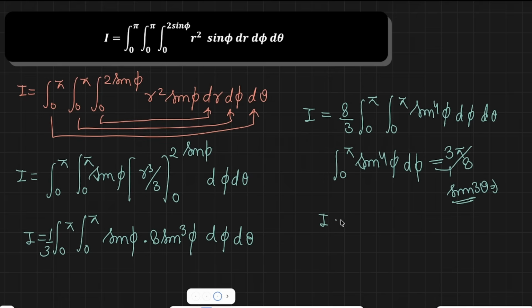So I is equal to 8 by 3, and when you apply this, it will be 3 pi by 8, integral 0 to pi of 3 pi by 8 into d theta. When you solve this, the 3 and 3 get cancelled, 8 and 8 get cancelled, so pi into pi, and when you apply this limit also, the answer will be pi square. You can solve this spherical coordinate.